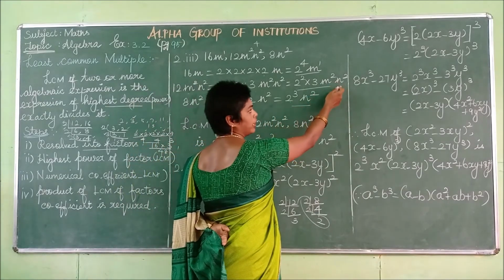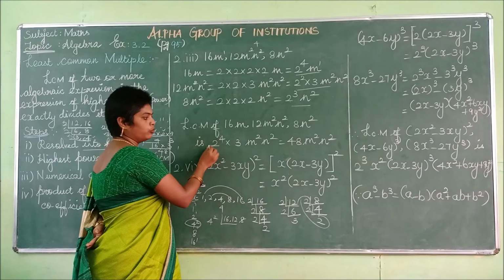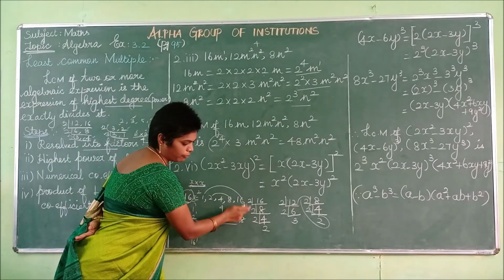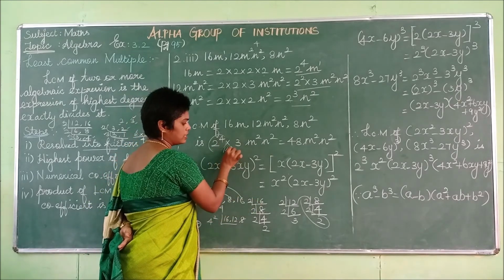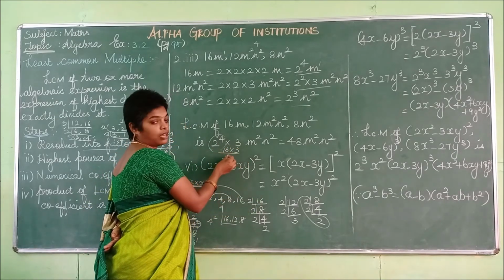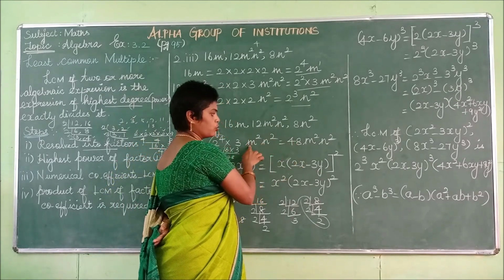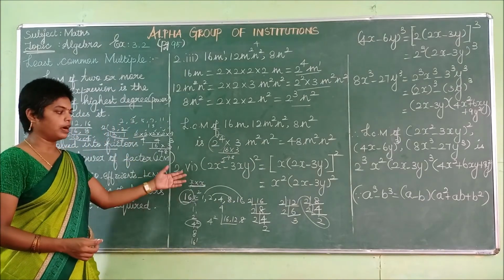Here also m squared. You can choose this m squared. Now 2 power 4 is nothing but 16. 16 threes are 48. So you can write 48 m squared. This is our LCM.